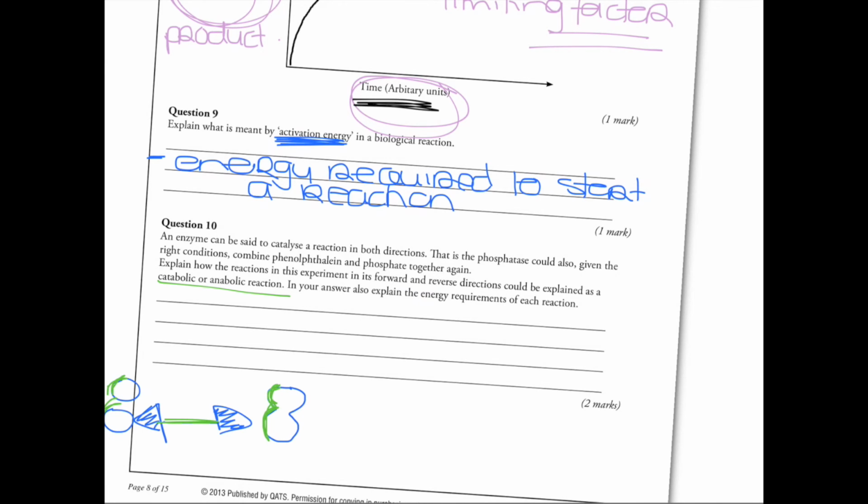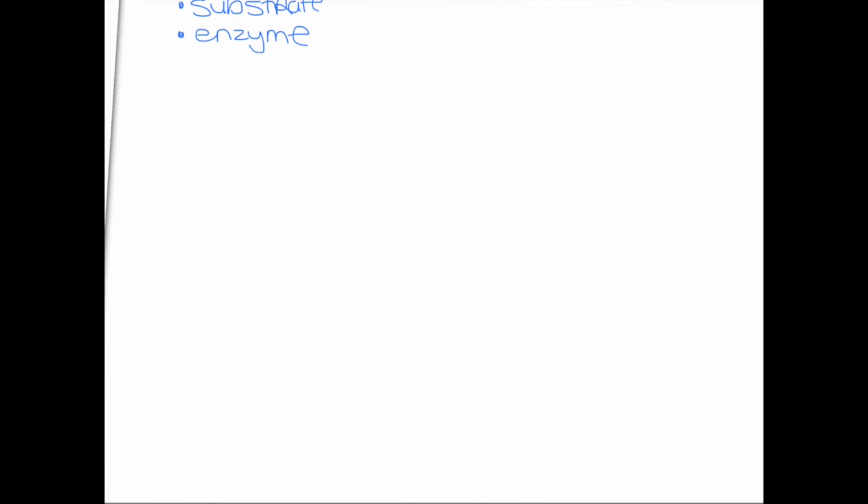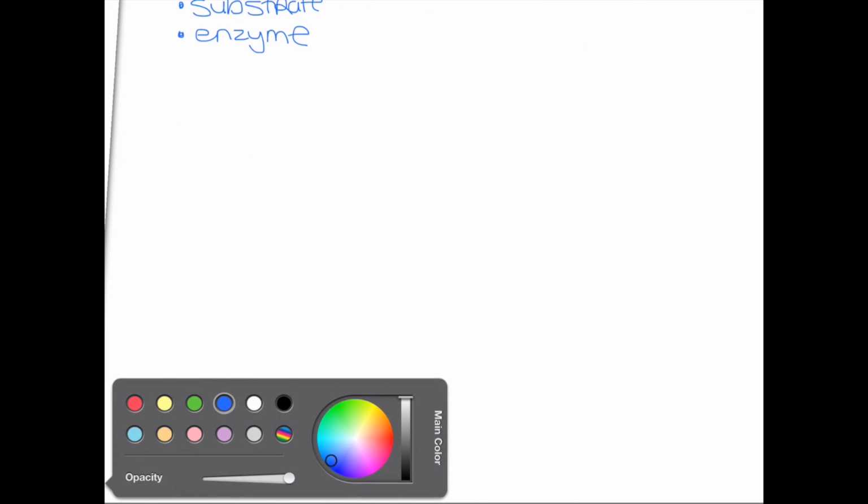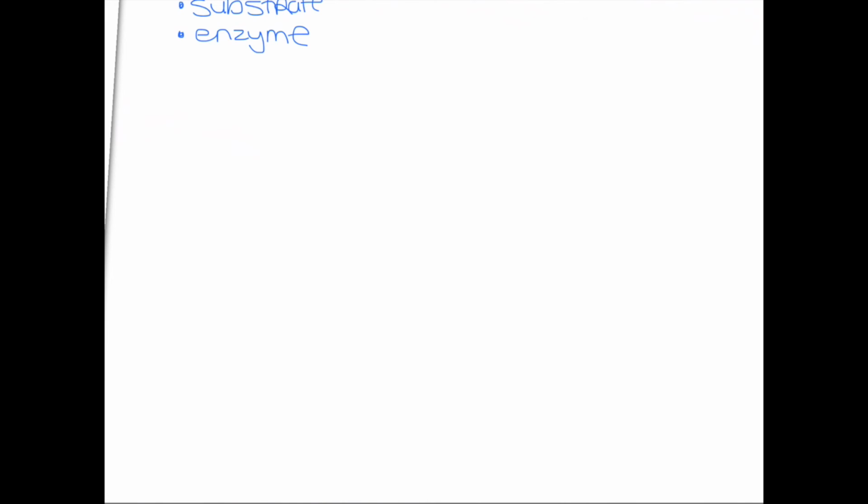So they're asking us to show, and you can use diagrams in this sort of scenario as long as they're annotated, the forward and the reverse directions, catabolic, anabolic, and energy, if it's required or if it's an output. So I'm going to do it over here and keep little dot points of what we need.